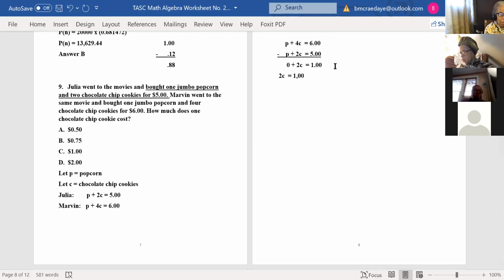Okay, so we have 2C equal to $1, right? So if 2C is equal to $1, Mercedes, what is C equal to?